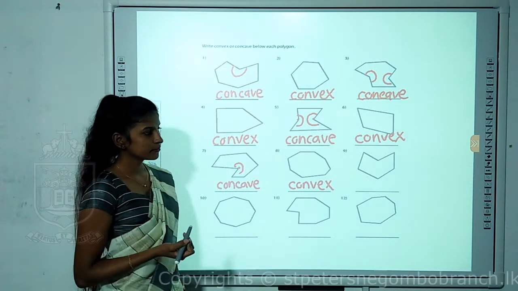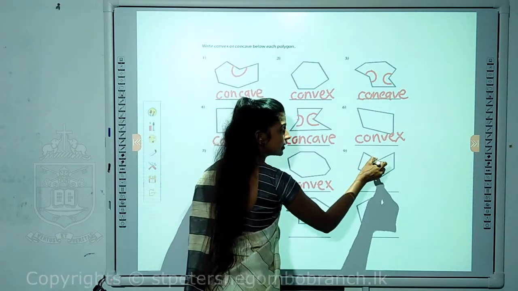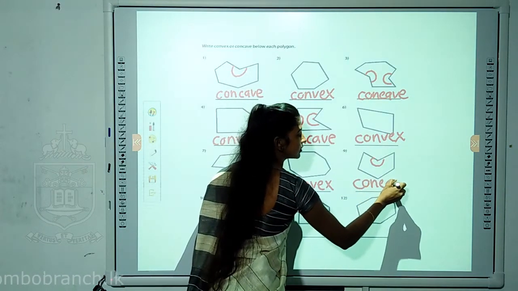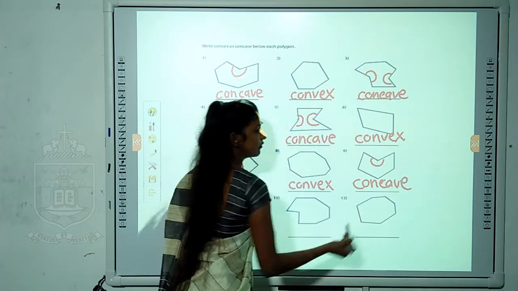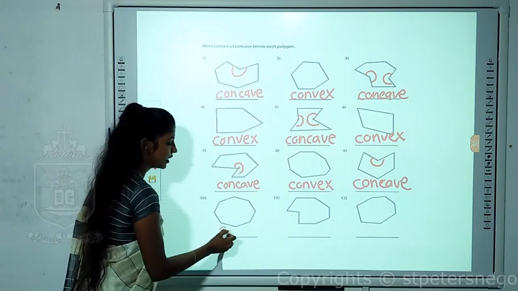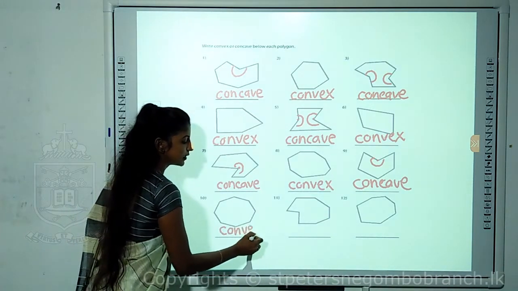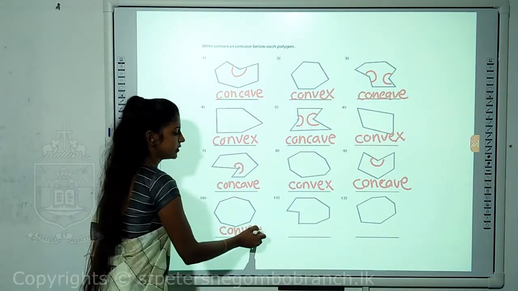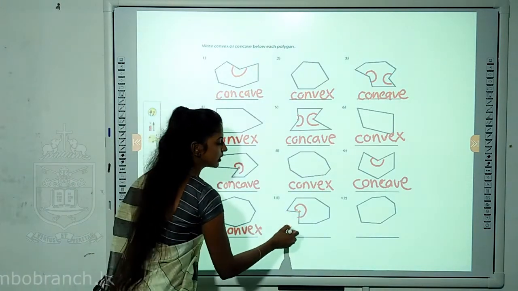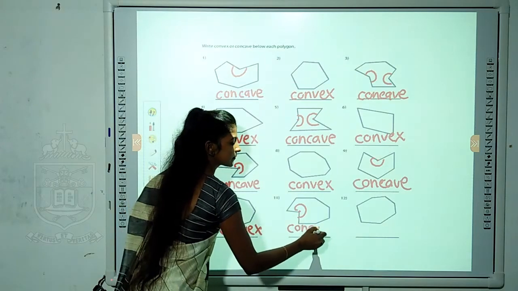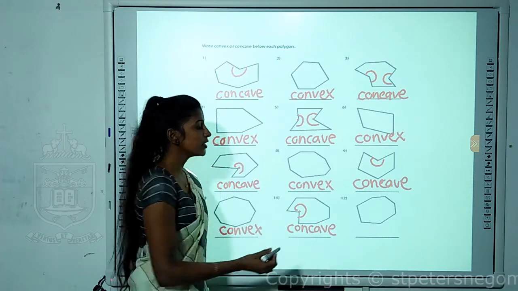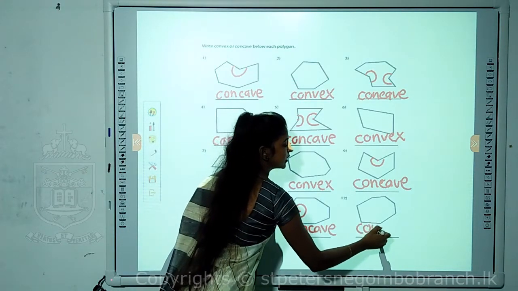Ninth figure, at this vertex a reflex angle is formed, that means a concave polygon. 10th figure, no reflex angles formed, therefore it's a convex polygon. 11th one, you can see a reflex angle at this vertex, so it will be a concave polygon. The last figure, no reflex angle formation, therefore it's a convex polygon.